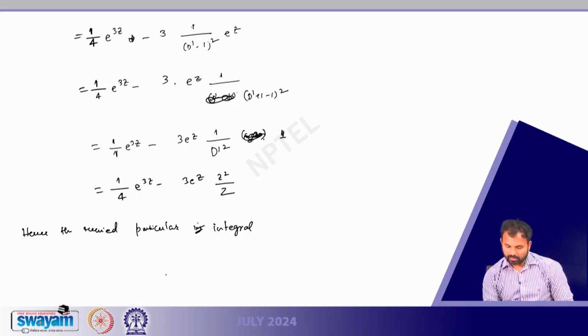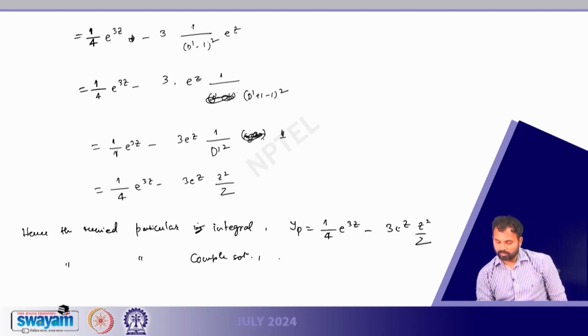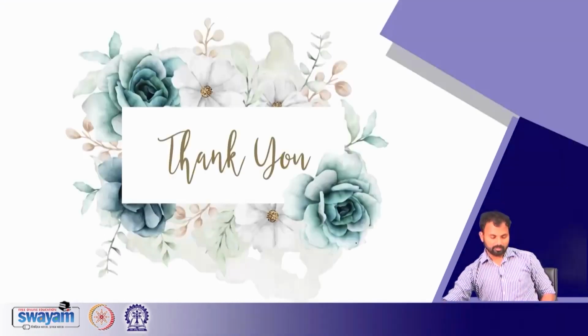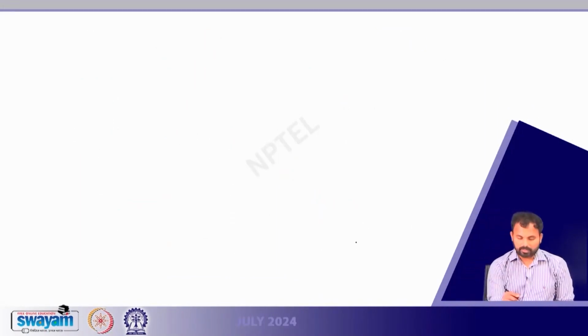Hence the particular integral is yp equals 1 by 4 e to the power 3z minus 3 e to the power z times z square by 2. So, the required complete solution is y equals yc plus yp. And if we go to yc, what was it?